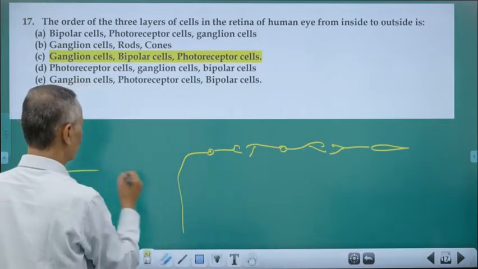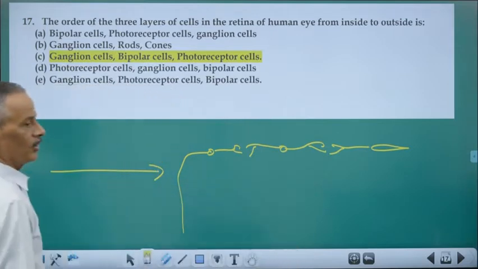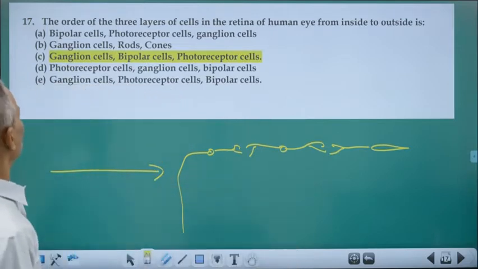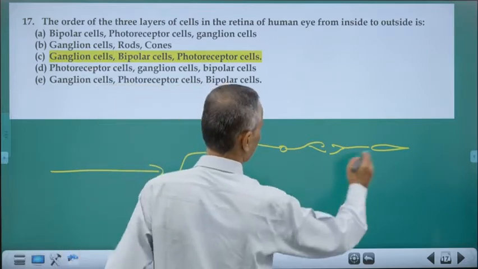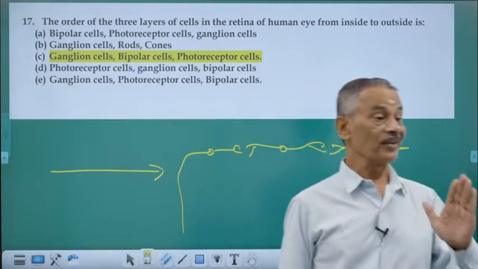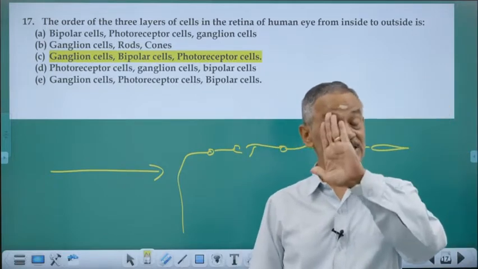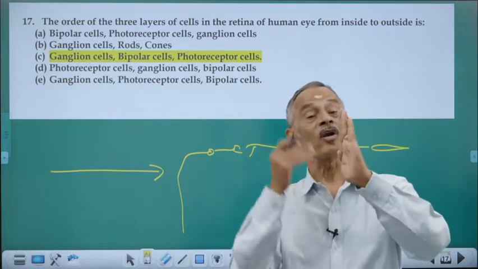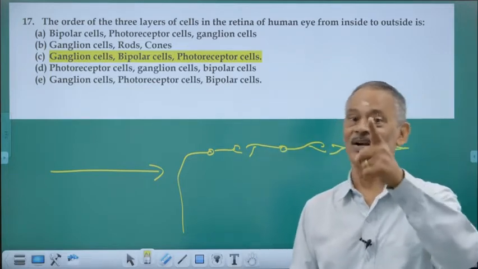So light first touches the ganglion cells, then bipolar, then the rods and cones. Ganglion cells, bipolar cells, photoreceptor cells: these are the 3 layers. And remember, our retina is an inverted retina. The arrangement of cell layers is just opposite to what we normally think. That's why our retina is said to be an inverted retina.